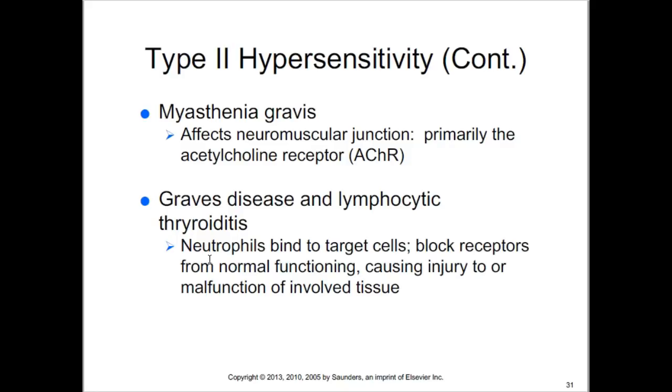Some other examples are Graves' disease and lymphocytic thyroiditis. The antibodies bind to target cells, blocking the receptor from functioning normally, causing injury or malfunction of the tissue.